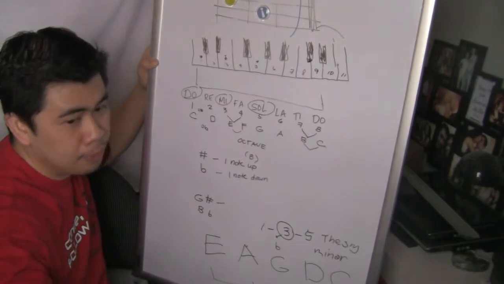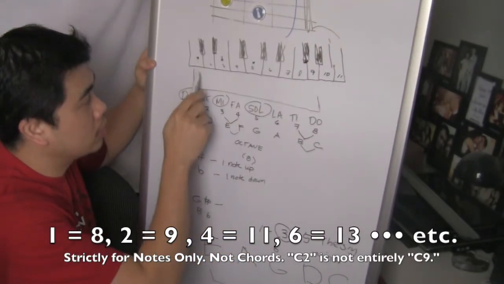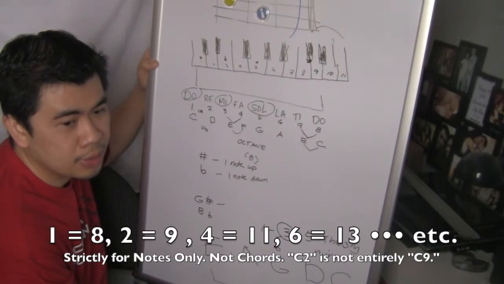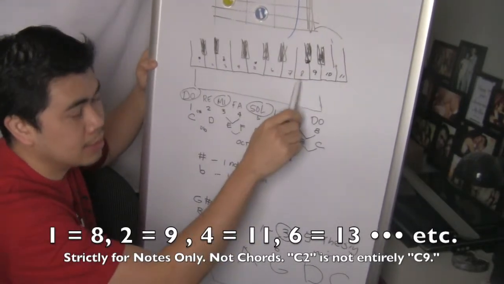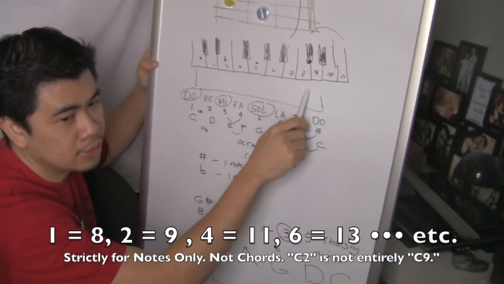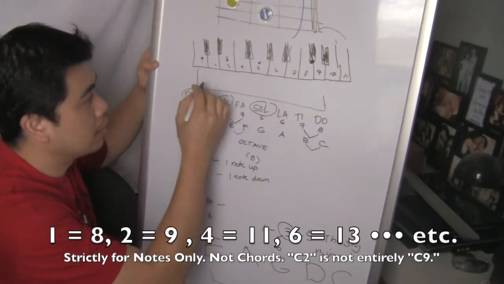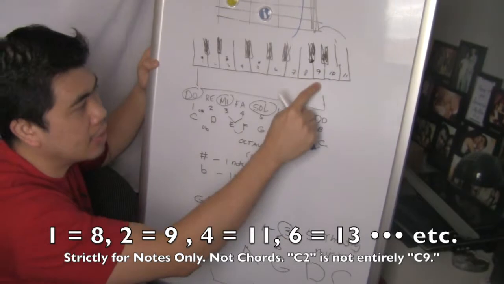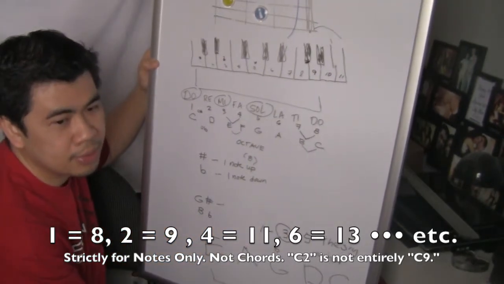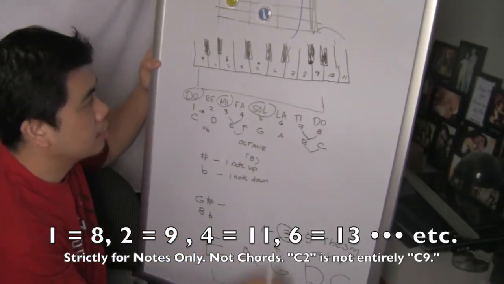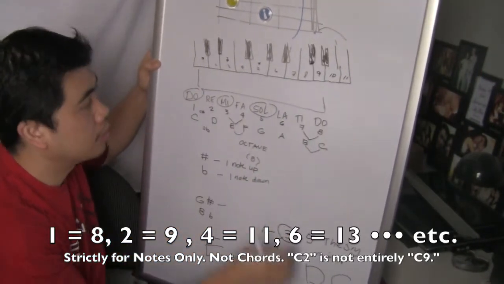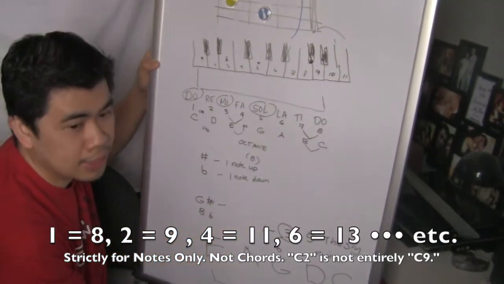But we also agree that the first and the 8 are the same. It's just a matter that this is a higher octave, right? So, given that premise, the second and the 9 are the same. The third and the 10 are the same. The fourth and 11 are the same.